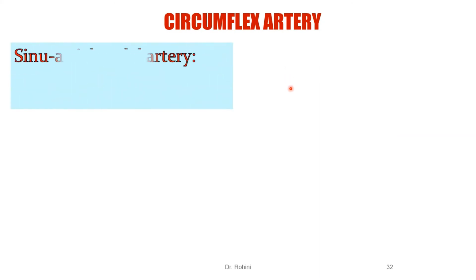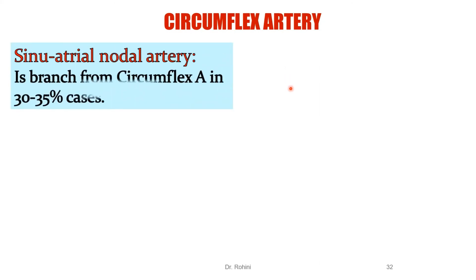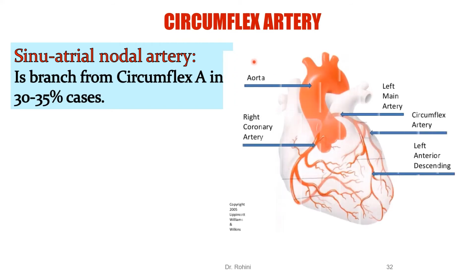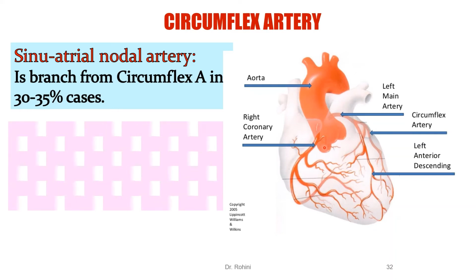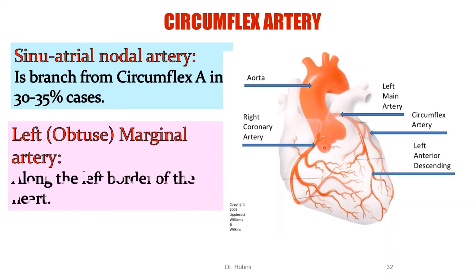So coming one by one, SA nodal artery. In majority of cases, SA nodal artery is a branch from atrial rami from the right coronary artery. But in 30 to 35% of cases, it may arise from circumflex artery, branch of left coronary artery. That you have to remember. Now, this is anterior descending, this is circumflex.